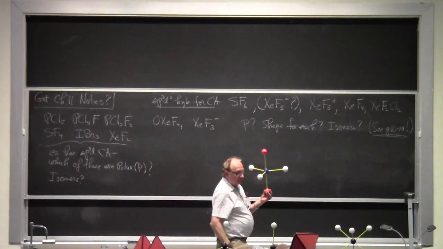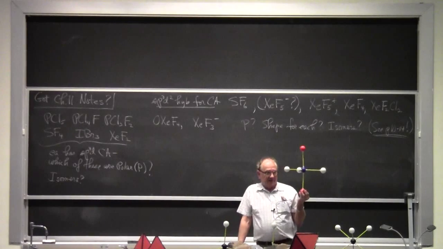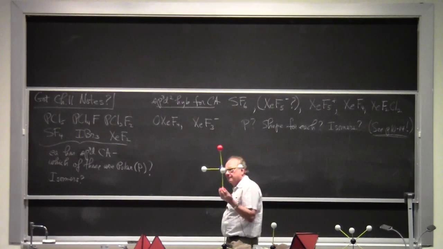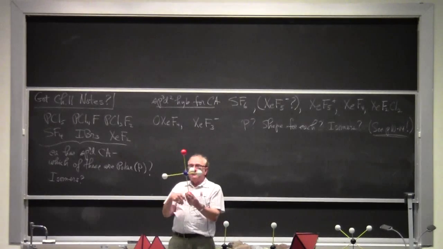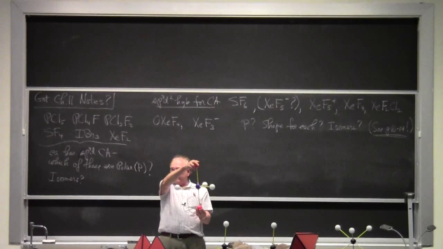Now, are these angles guaranteed to be of these values? Yes, if all the peripheral atoms are the same, if the equatorial atoms are the same, like the three white ones, and the axial atoms are the same.